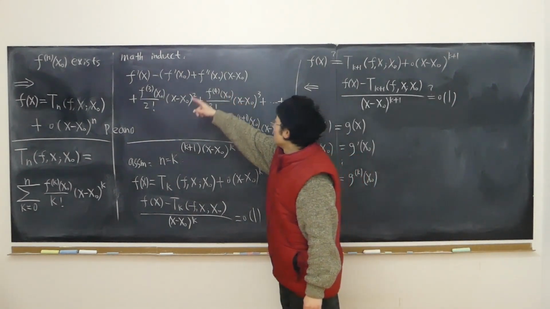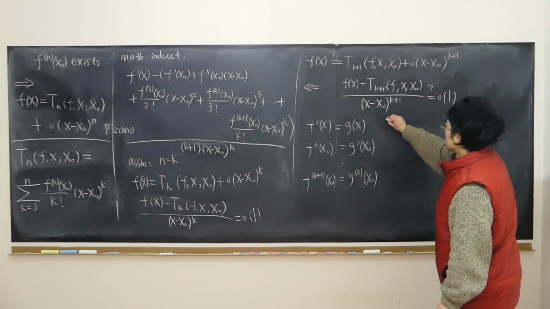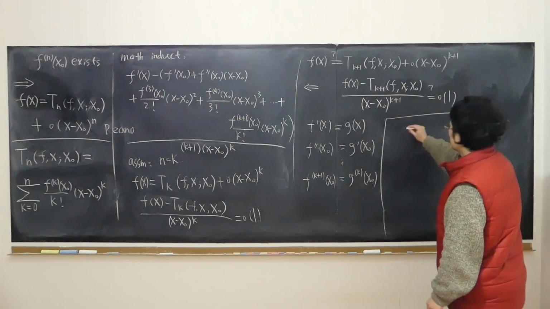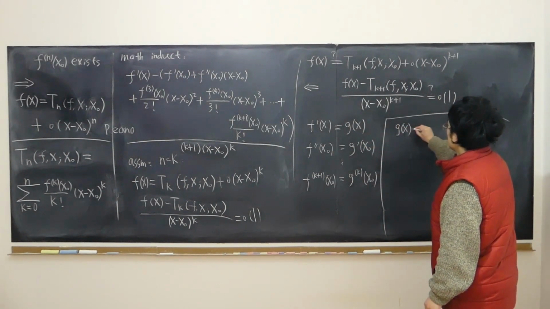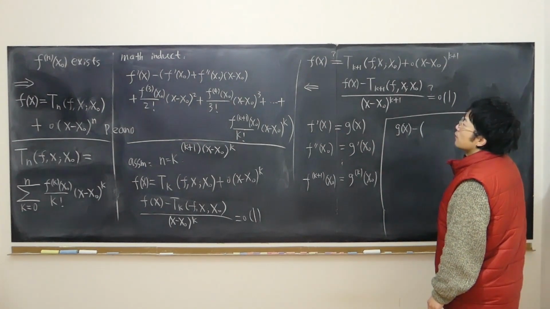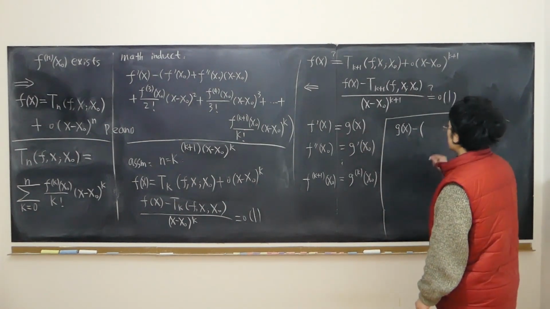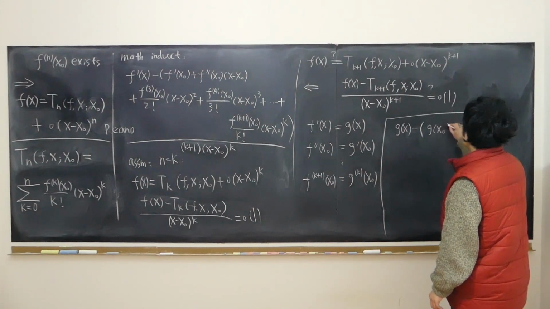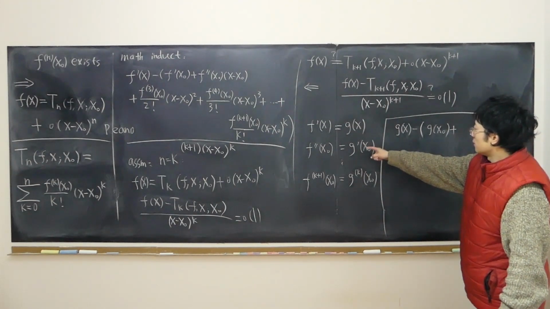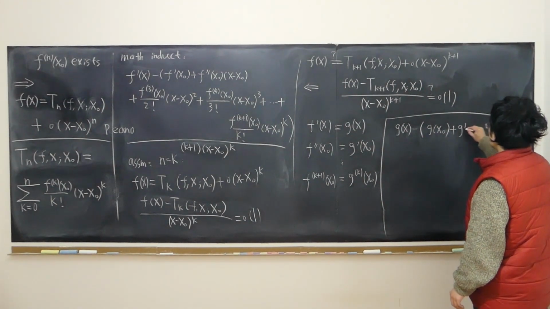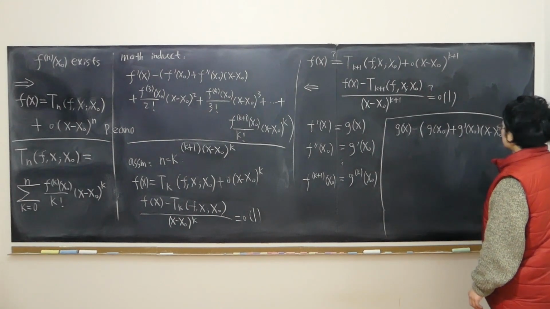Now I can rewrite this numerator as the following. f dash of x, like I said, denoted as g of x, minus quantity f dash x naught, which is equal to g of x naught, plus f double dash, equal to g dash of x naught, times x minus x naught. What's the following?